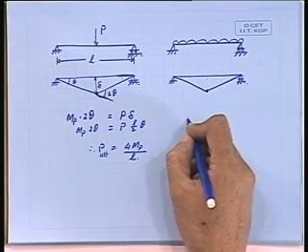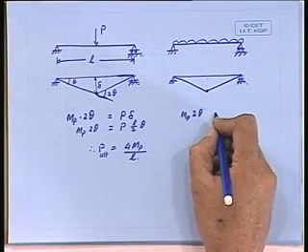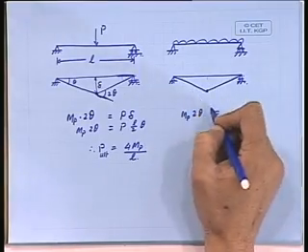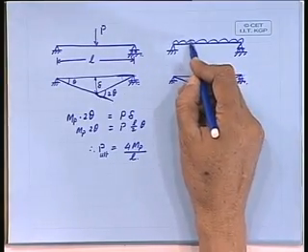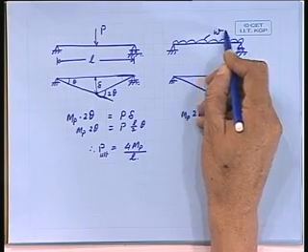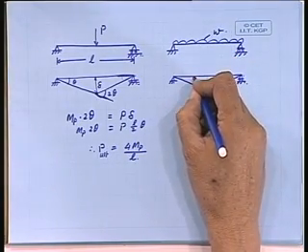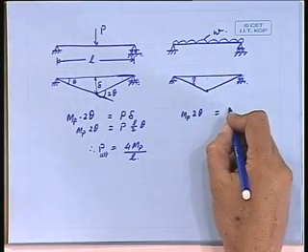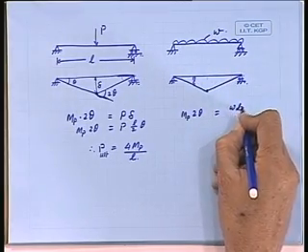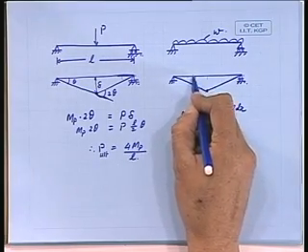So, on this side you still have MP into 2 theta, but on this side what will you have? This intensity of loading is there. So, you consider a small load here at dx. So, W into dx. If you consider this 0, this is x and this is dx.